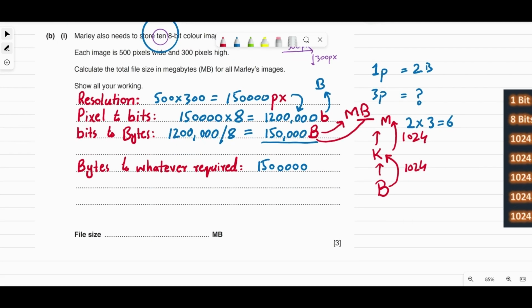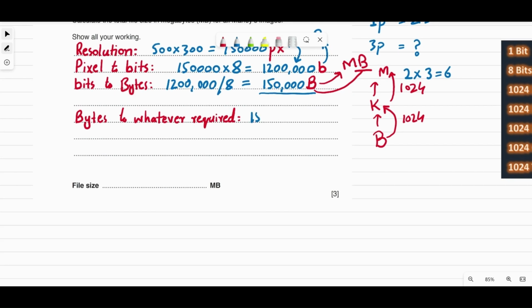Let me write it down properly: 150,000 into 10 gives us 1,500,000, just a zero added, for 10 of the similar images.